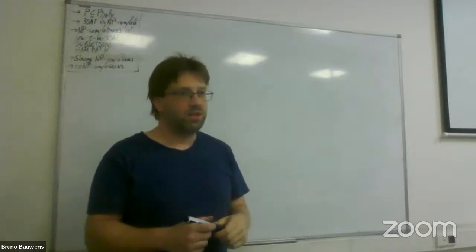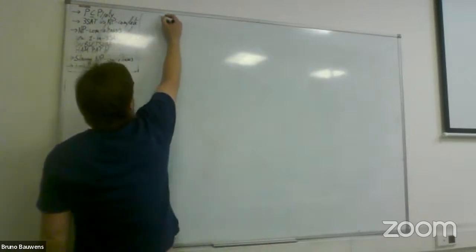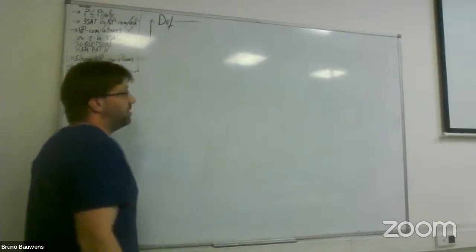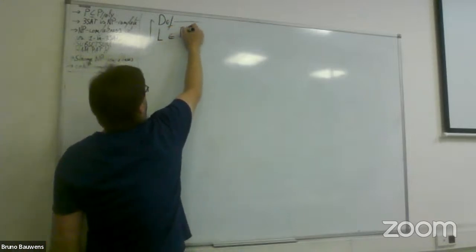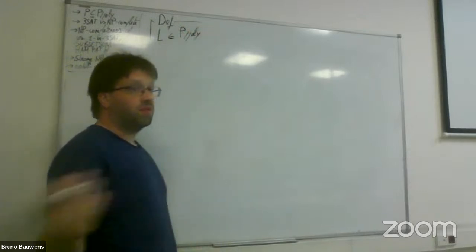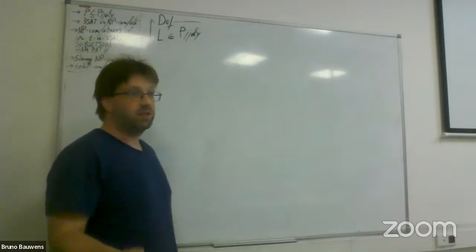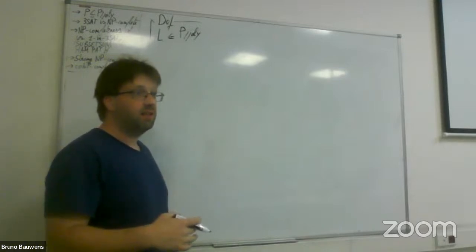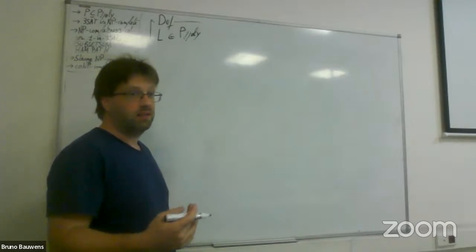Okay, so let's recall the definition of P/poly, and then prove that P is a subset of P/poly. A language L is in P/poly if there exists a family of circuits that decides the problem for inputs, so each circuit decides the problem for inputs of length n, and the size of the circuit is at most polynomial in n.